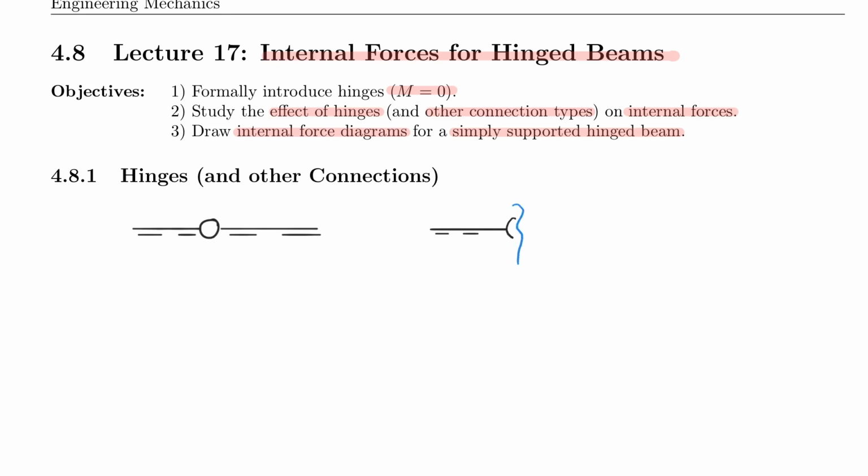If I cut right through the hinge, the moment would be equal to zero, so this does pretty much not exist. However, it's important to understand that the shear force and the normal force still exist. So V has a value and N has a value of something other, x1 and x2 or whatever you want to call that.